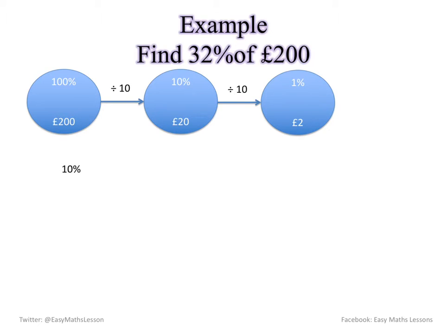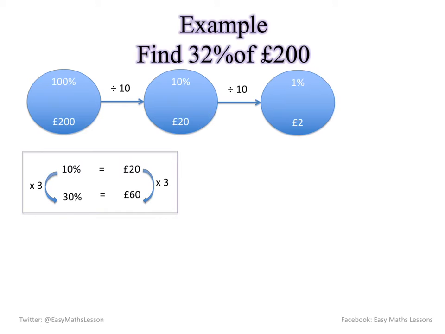So 10% is the same as £20. I'm going to times this by 3 on both sides because I want 32%. So I'm going to start off with 30%.